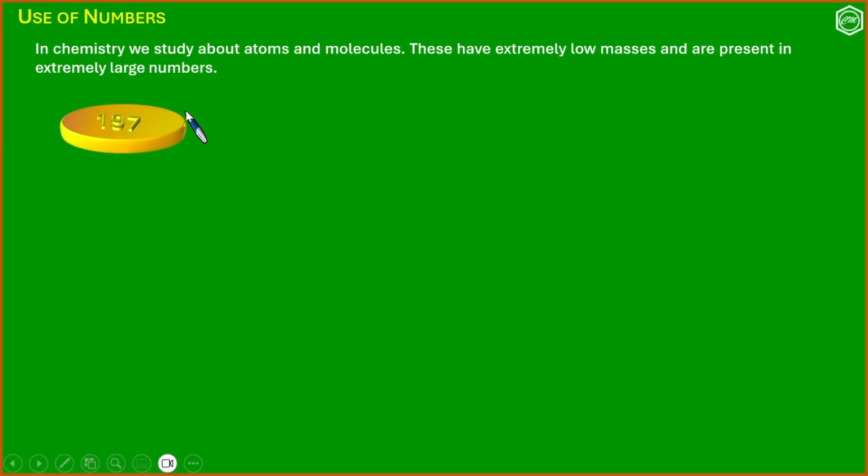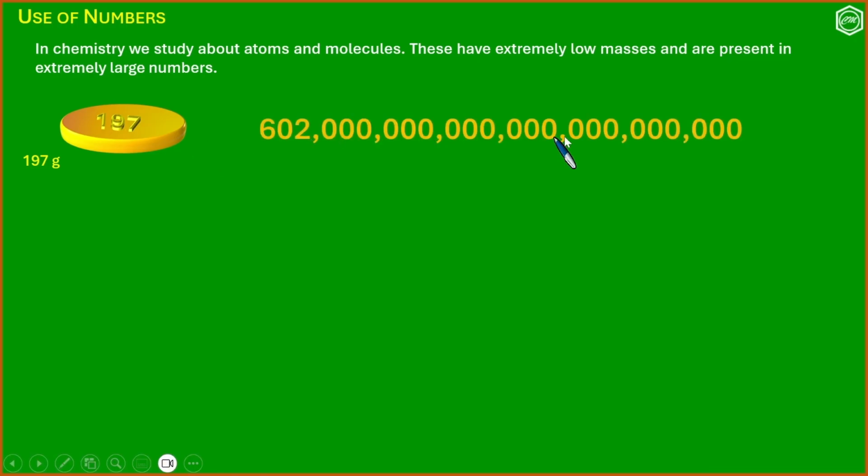Consider this gold coin, and it weighs exactly 197 grams. The number of gold atoms present in this gold coin will be this number, a very large number. We cannot read it. That is 602 and 21 zeros towards right.